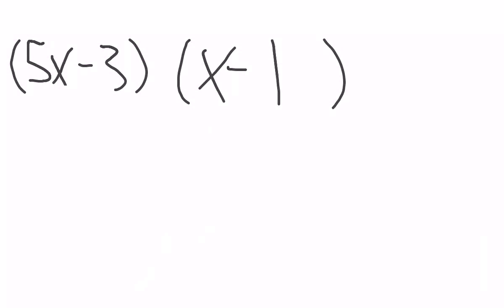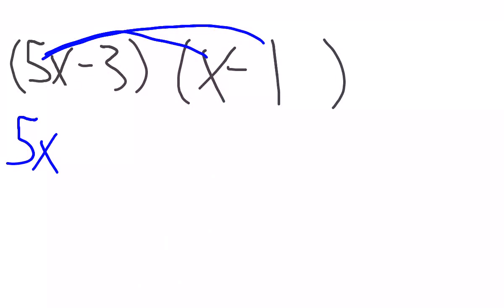And if you want, we could see if it's the right answer by FOILing. Okay, so let's go ahead and FOIL this just to verify. A lot of times the question will ask to verify your answers. So there's our 5x squared minus 5x. And now we'll do the next.